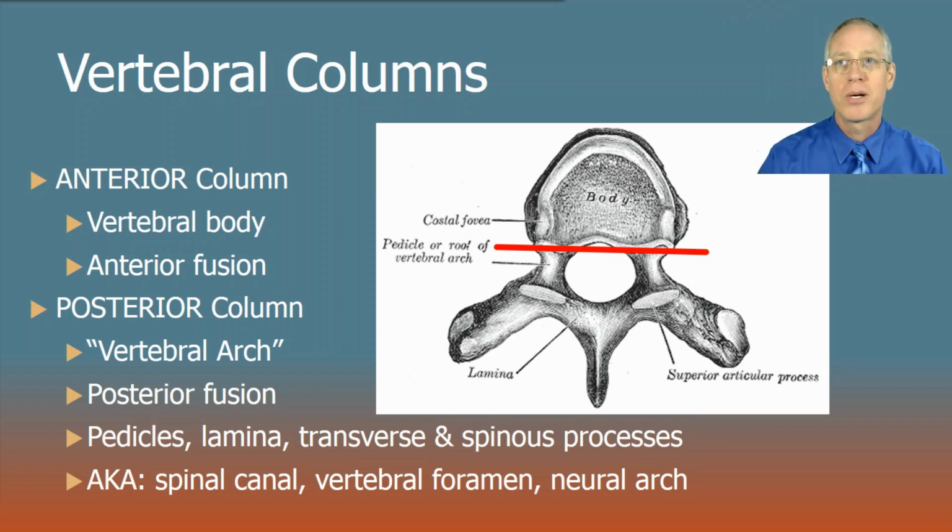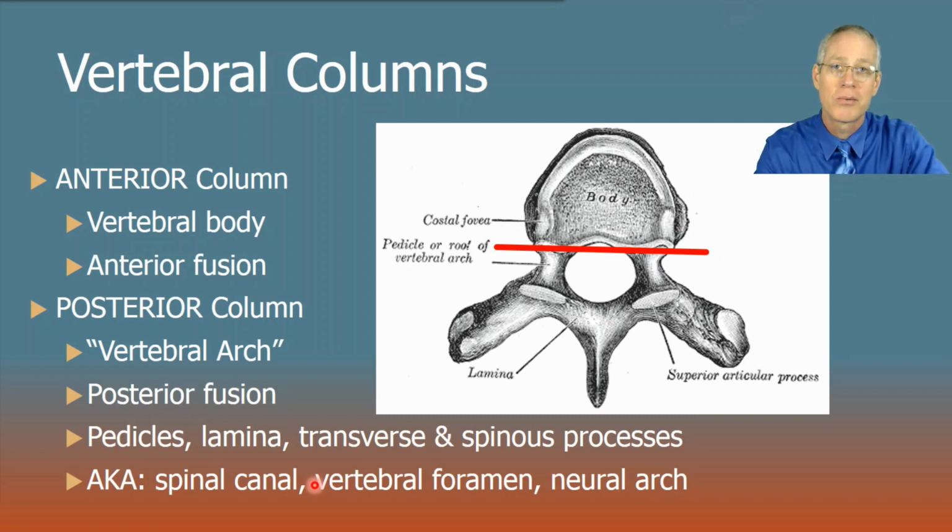Then the more tricky part is the posterior column. In this picture, the patient is facing up, or supine. So there's the front of their body, the rear of their body. The posterior column is all of these elements you see here that combine to form what's called the vertebral arch. A couple of other names for that are the spinal canal. Occasionally you see vertebral foramen, and that is mostly to differentiate it from the neural foramen.